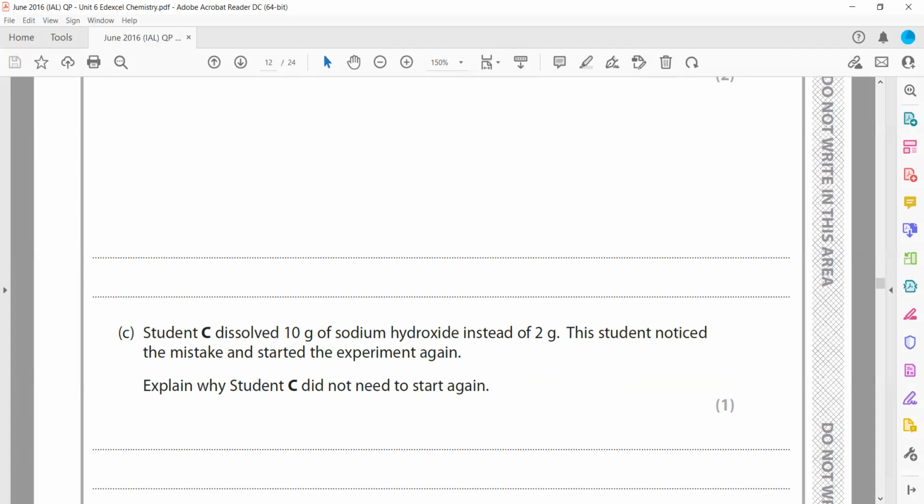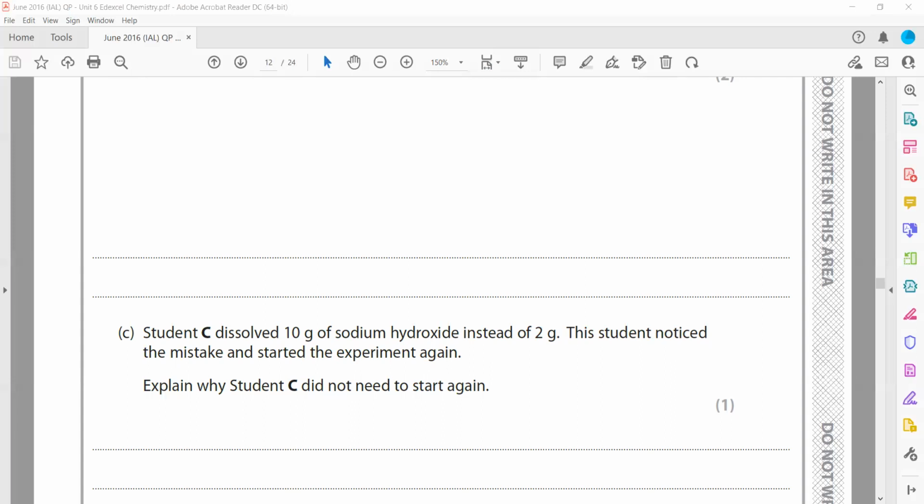So as you can see, student C has already taken a large excess of sodium hydroxide. Even if he repeats the experiment with the same amount, he doesn't have to repeat the procedure, because student A was using 2 grams. Once the 2 gram was used up, then for the second experiment he has to add more sodium hydroxide. Student B has already taken a limited quantity of sodium hydroxide, so he should repeat the experiment.